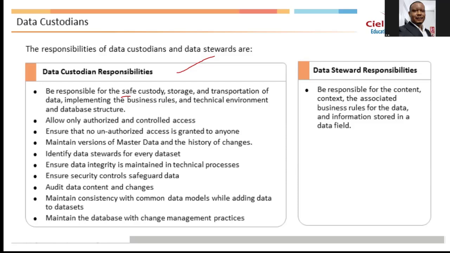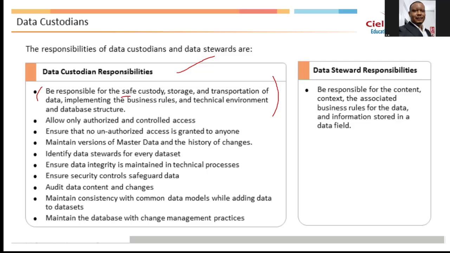So this first point clearly states that the data custodian is responsible for safe custody, storage, and transportation of data. The custodian must ensure that the data is stored securely, and that it is also safely transferred between systems without any unauthorized access or corruption.